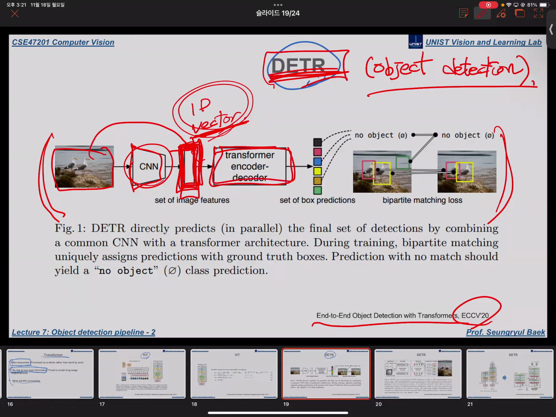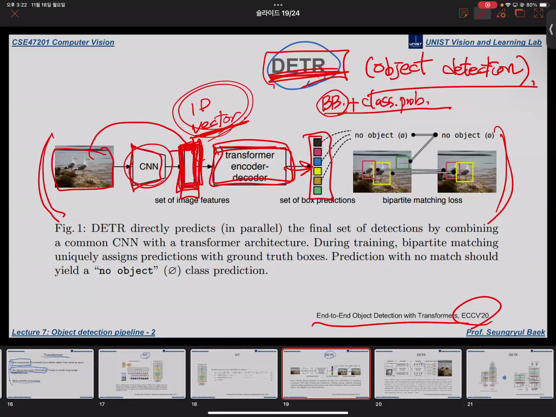Anyway, we will use both the encoder and decoder from the transformer, and we will map it to some bounding box information plus class probability, because this is the output format of the object detector, right?